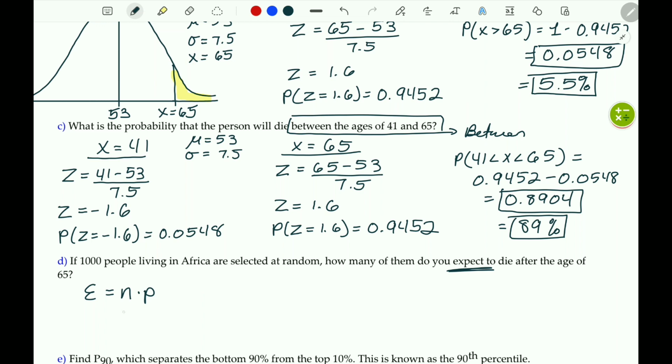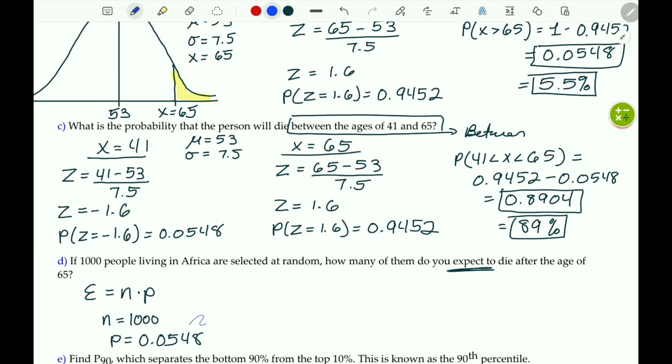Our sample size is 1,000 people. And the probability that a person will die after the age of 65 is 0.0548.